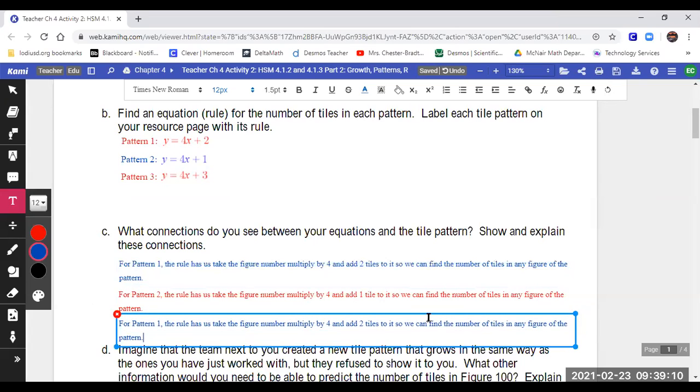Okay, now what needs to change? What's the first thing that needs to change? So we're talking about pattern 3.